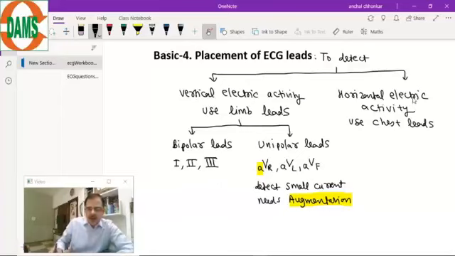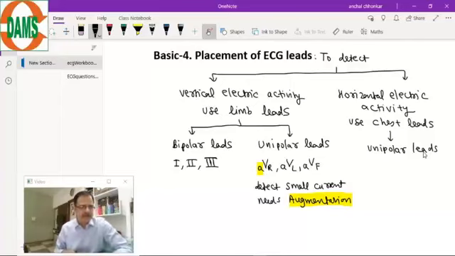Now for horizontal electrical activity, we place the electrodes on the chest wall, and these are also unipolar leads. These unipolar leads are directly over the heart, so they do not need any augmentation, because they detect a large current.